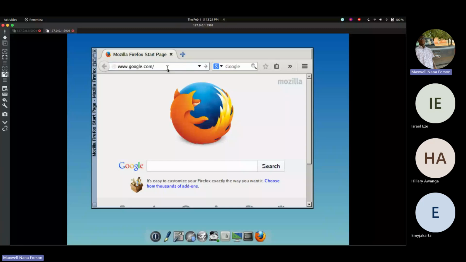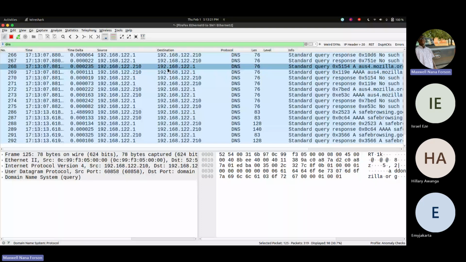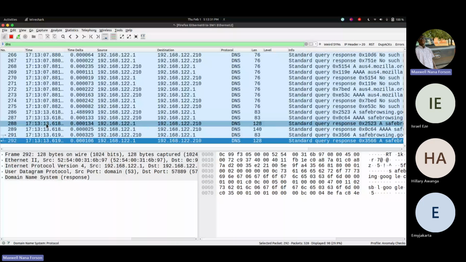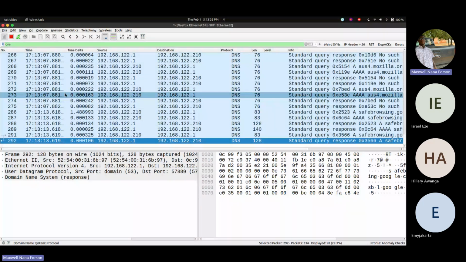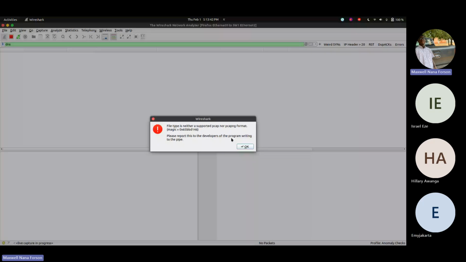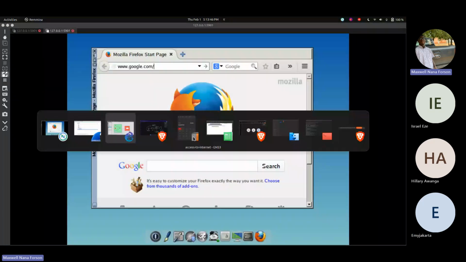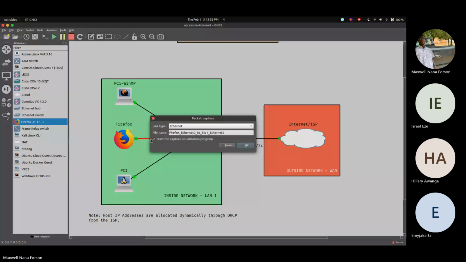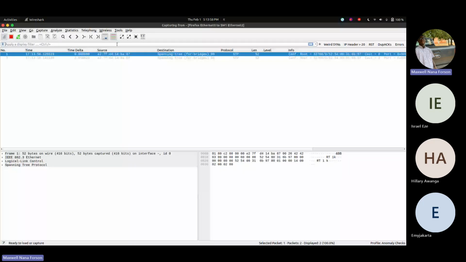Now what I'd like you to see is that currently we are on number 292, and these are all valid DNS requests. But what I would like to do is to start everything from scratch, just so that we don't have to worry about the ones that have been there already. So I'll stop it and then I'll start another one.